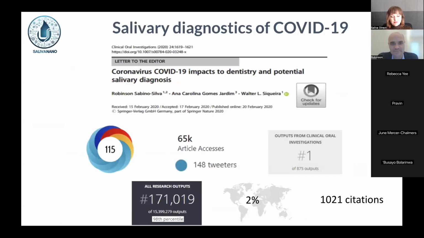Next one, please. And this is one paper that we published in February of 2020. This paper has more than 1,000 citations, and we described the coronavirus impacts to dentistry and the potential of salivary diagnosis.